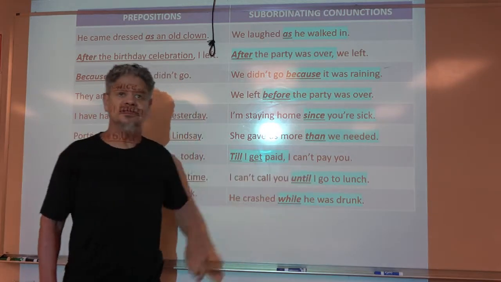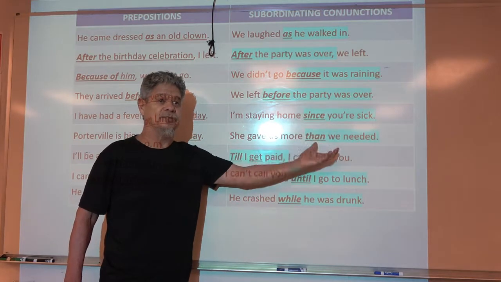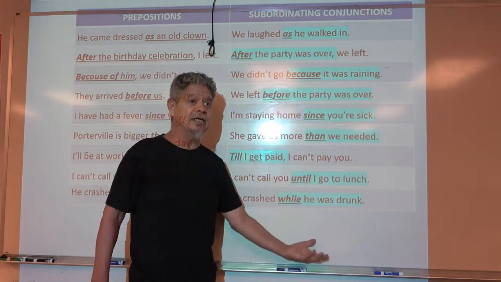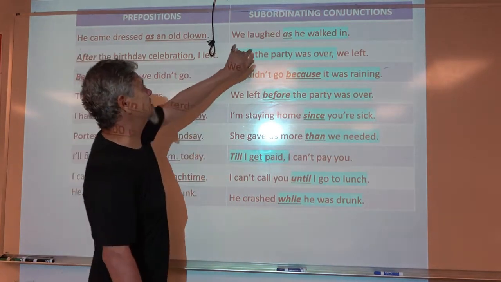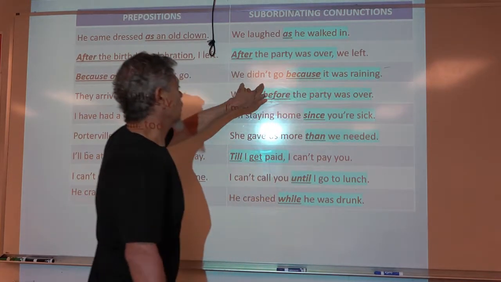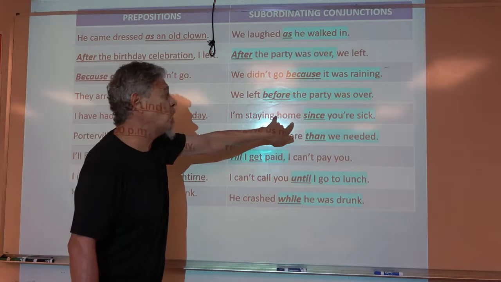Until I go. Subject and verb. These are clauses. They have subjects and verbs. But they are dependent clauses. The independent clause is we laughed, we left, we didn't go, we left, I'm staying home.